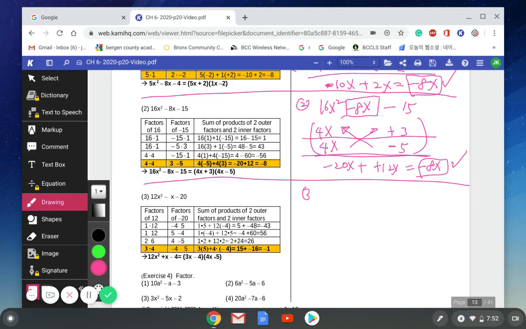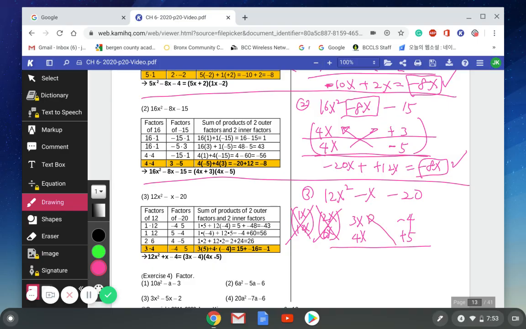The next one is 12x squared minus x minus 20. Again, 1x and 12x, none of the combinations worked. 2x and 6x, none of the combinations worked. So I'm trying with 3x with a 4x and negative 4 and positive 5.